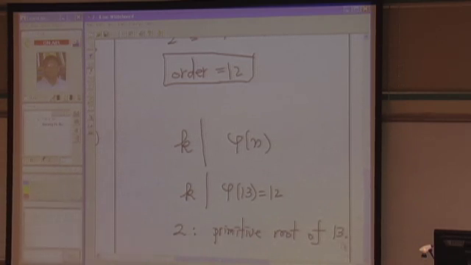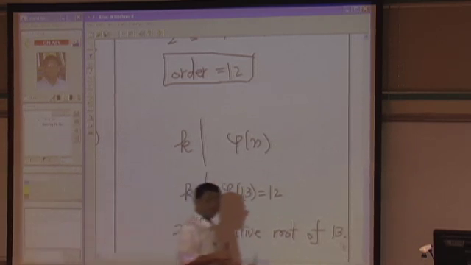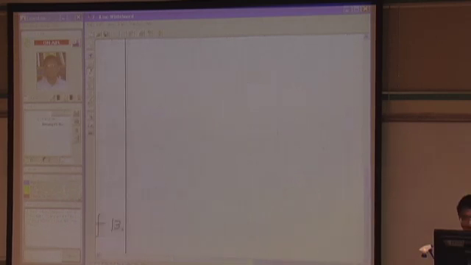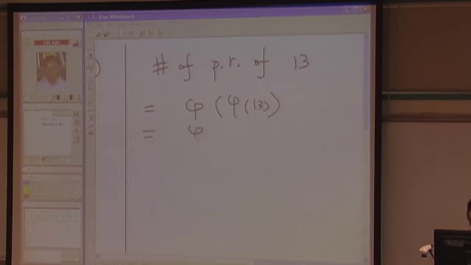Then how many primitive roots does 13 have? The total number of primitive roots of 13 is equal to phi of 12, and phi of 12 is 12 multiplied by 1 minus 1/2, multiplied by 1 minus 1/3.